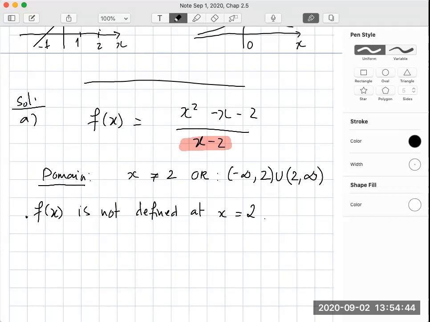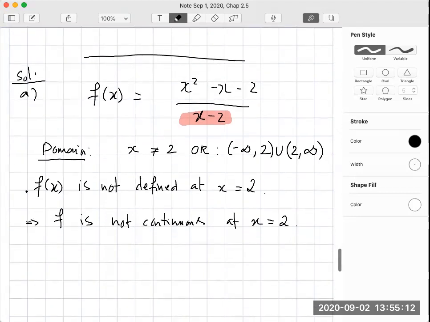Therefore, f is not continuous at this point, right? That is one thing. It is not defined, then it is not continuous.